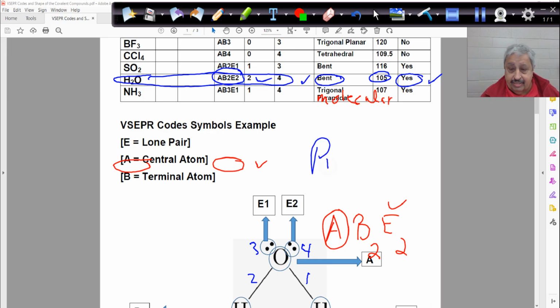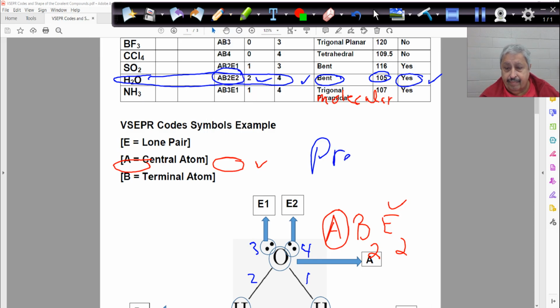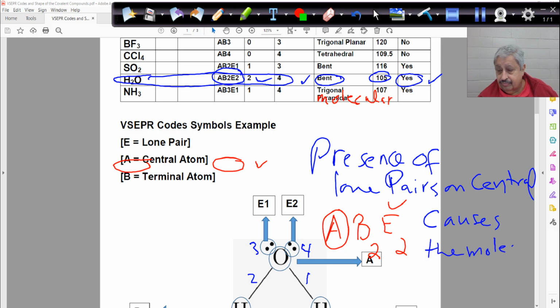So presence of lone pairs on the central atom causes the molecule to be polar, at all times.